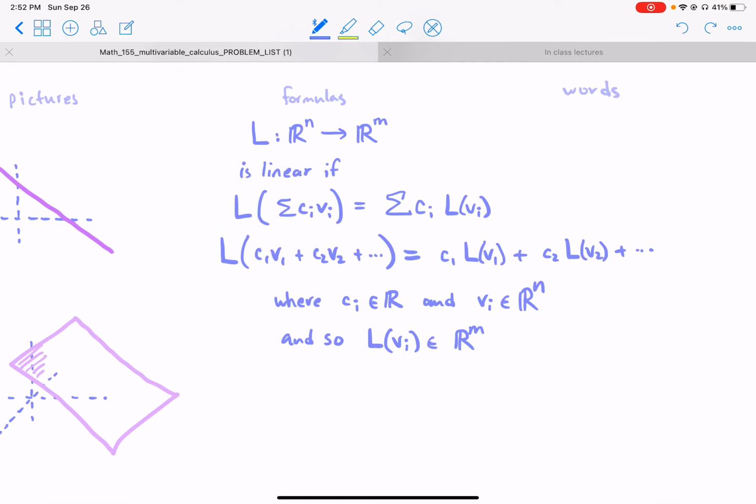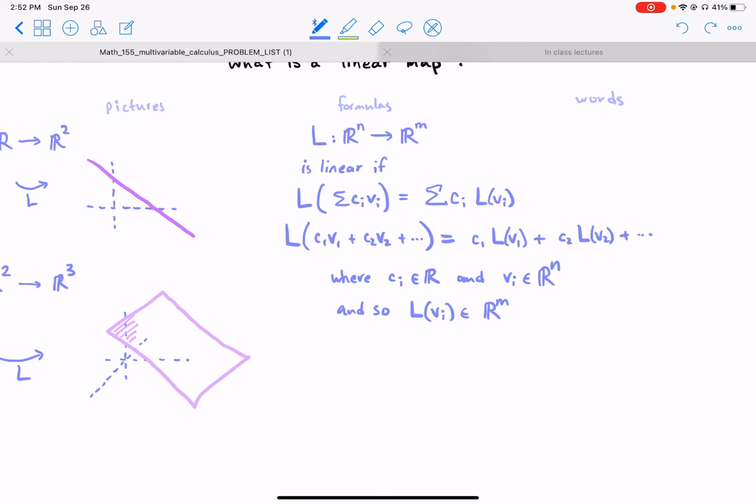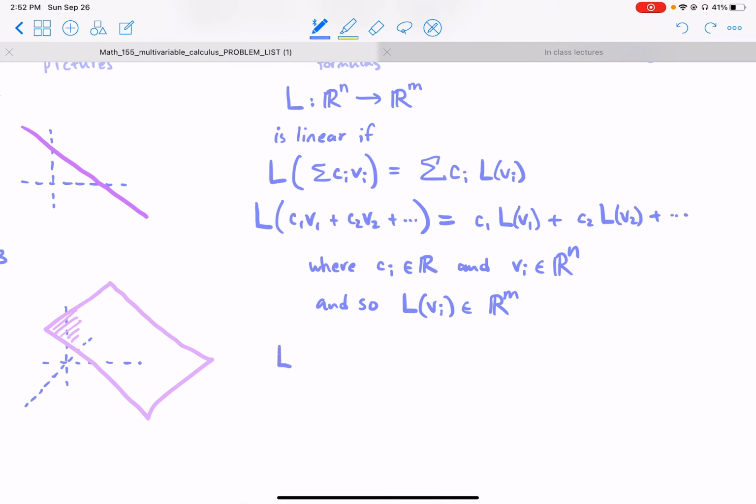Let's be even more concrete. Instead of random vectors v1, v2, v3, let's take the basis vectors.